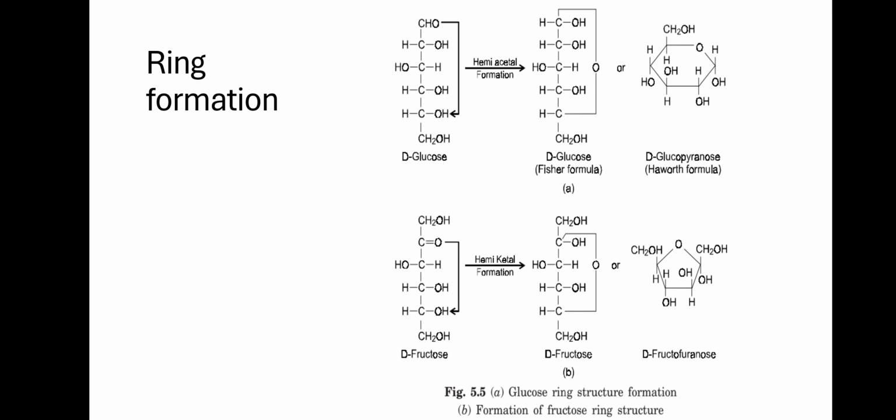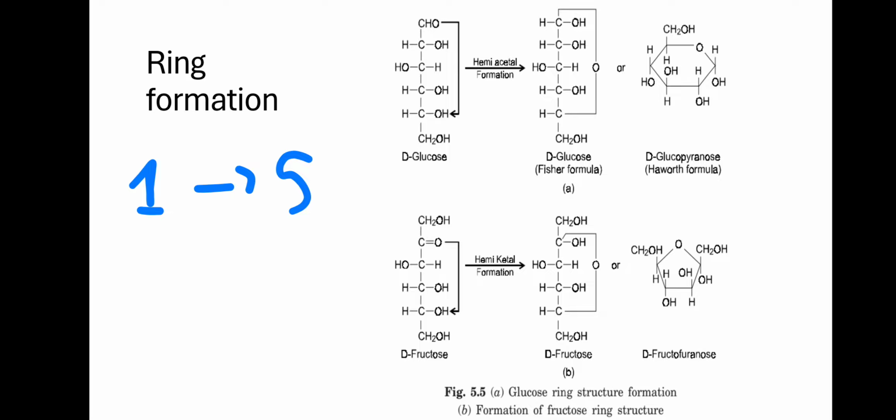And how does it happen? So with carbohydrates, mostly the 6 carbon molecule carbohydrates, you're going to see the ring structure forming. Now this ring structure forming takes place between carbon 1 and carbon 5.